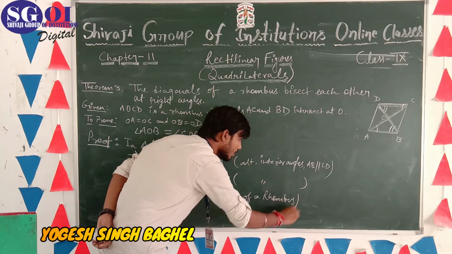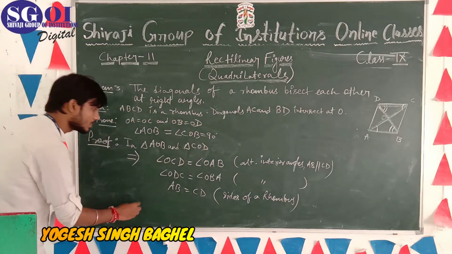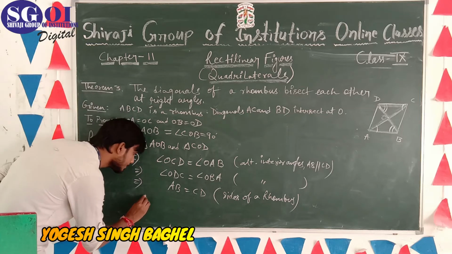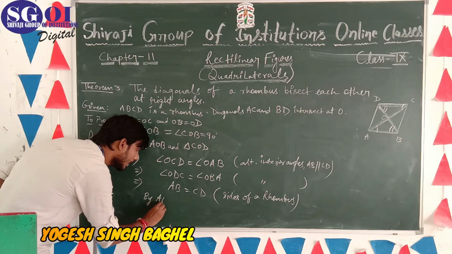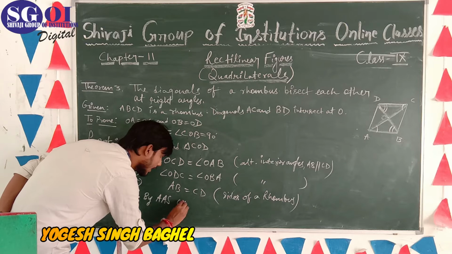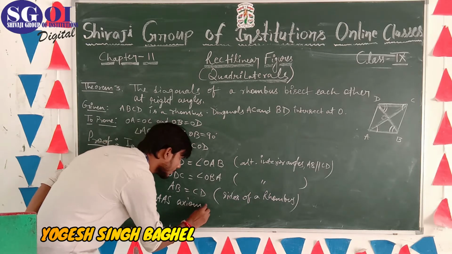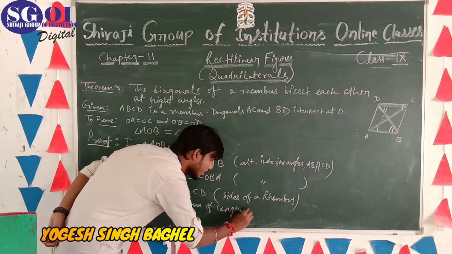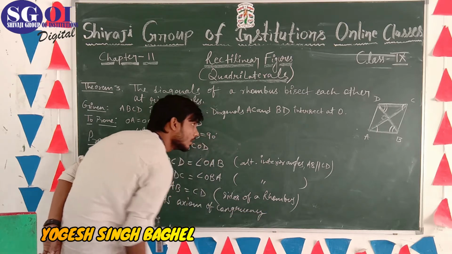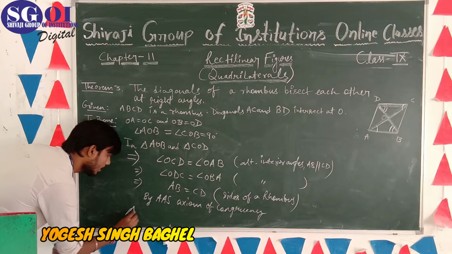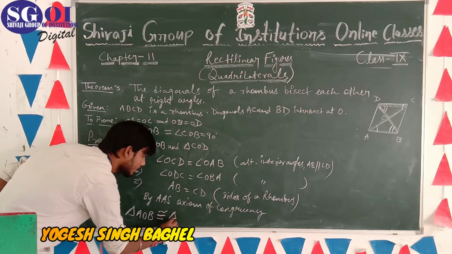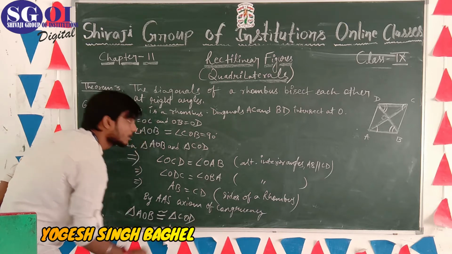Okay. So according to these 3 points, we can say by AAS axiom of congruency, triangle AOB is congruent to triangle COD.